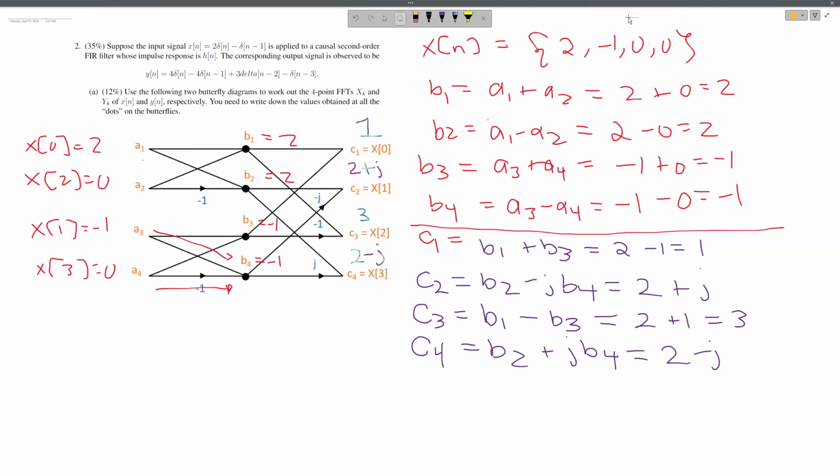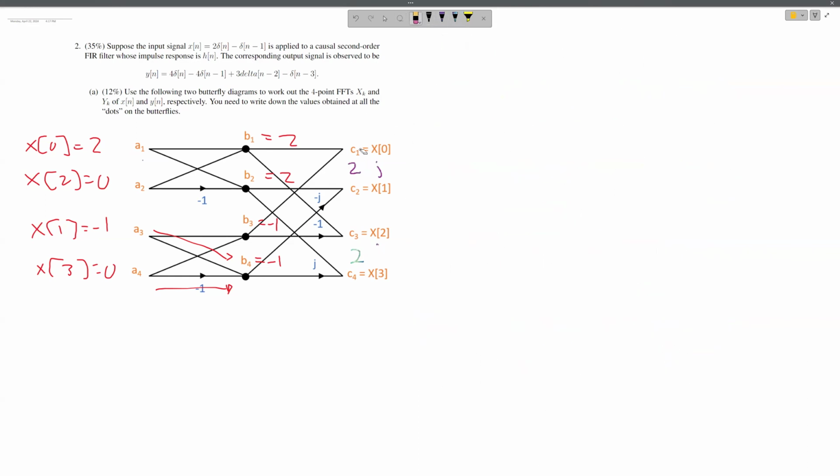I want to now solve for Y event. Let's try and repeat that same exact process I just did.